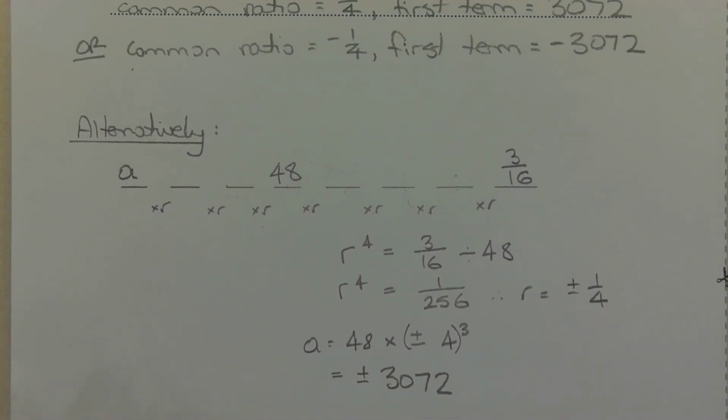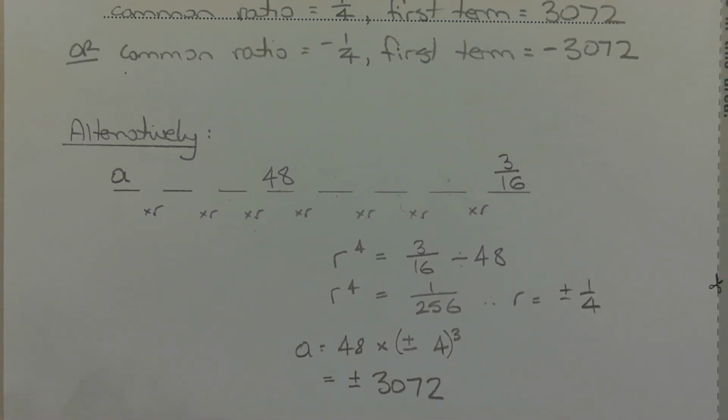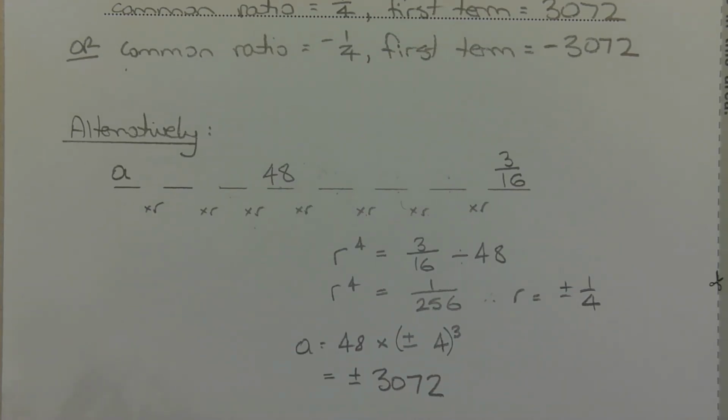Alternatively, we can use a diagrammatical approach to solve this problem. And I've used a dash diagram here with 8 places. So there's our first term. If we multiply that by r, we get the second term. So that's ar, ar squared, ar cubed, ar to the power of 4, and so on, until we get to ar to the power of 7.